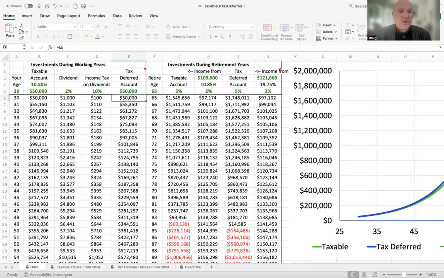But because this person over here with their taxable account is paying for it, this person over here has the money too. They could invest this money into their account. So this person's getting it subtracted, and this person over here with their tax deferred accounts is getting it added.